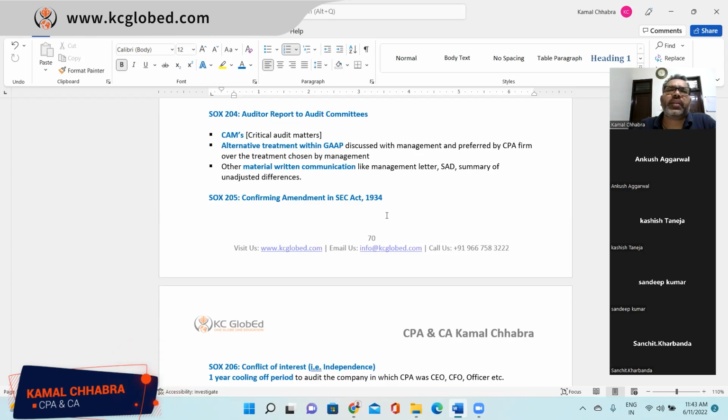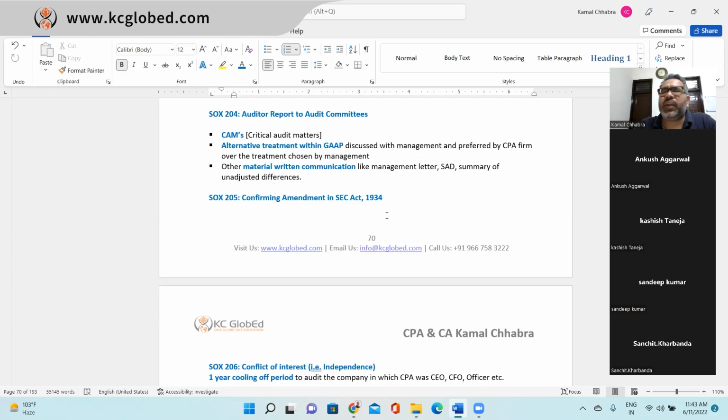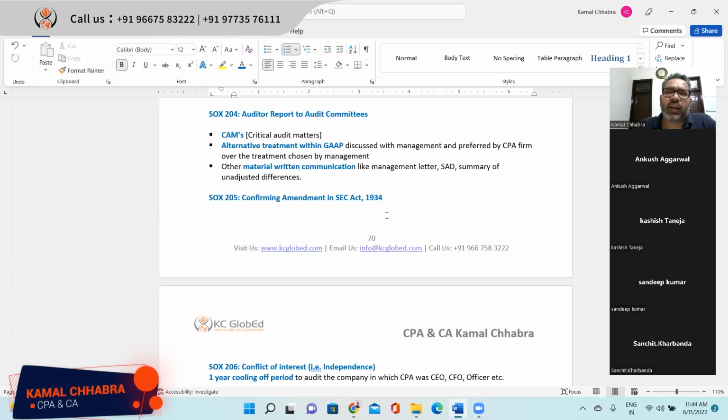So for example, in the case of sales, let's say you have identified the risk of fraud or management overriding of controls, right? In that scenario, you have the intuition that management would be increasing the sales to meet their target, and if they meet their target, then the CEO, CFO, sales head, marketing head will be getting additional bonus and incentives, right?